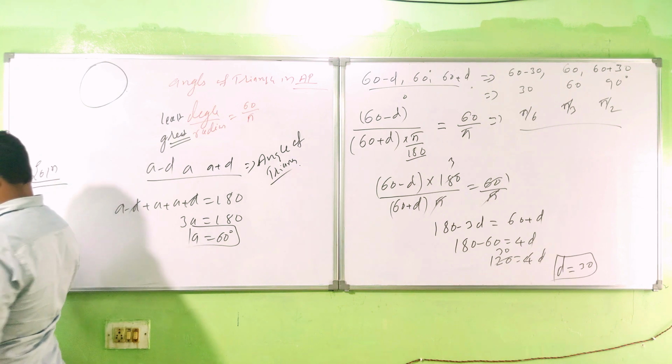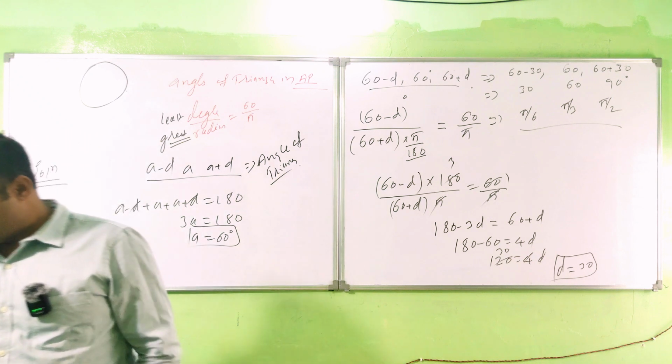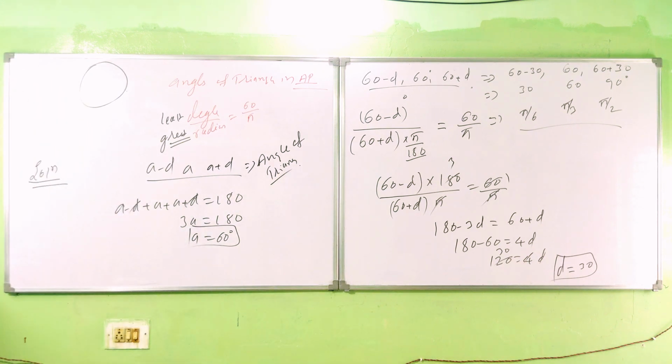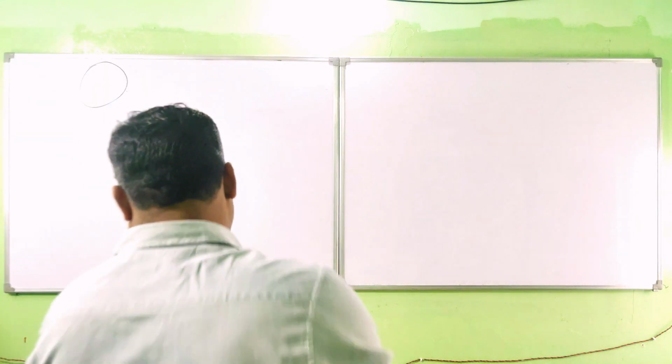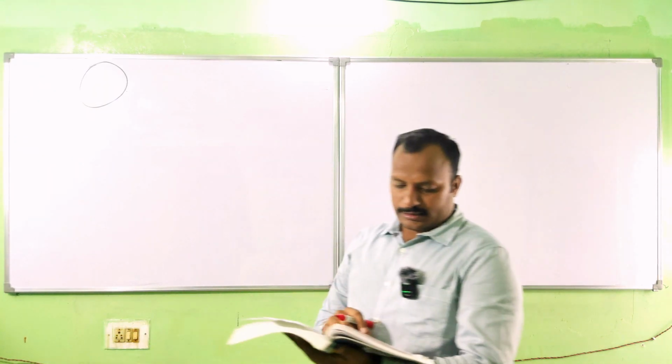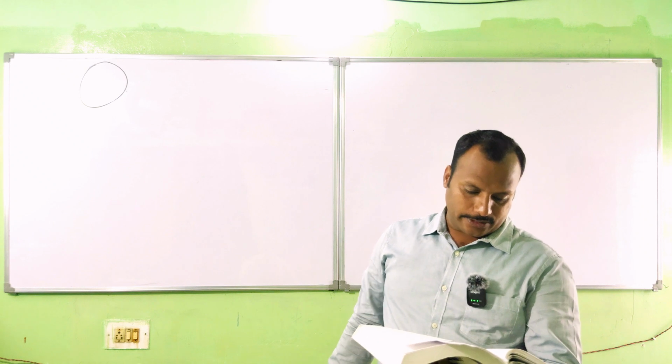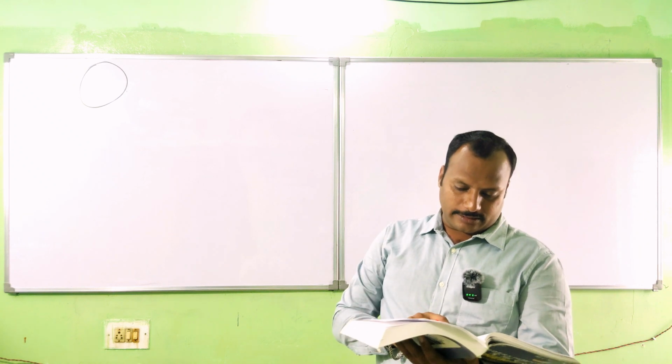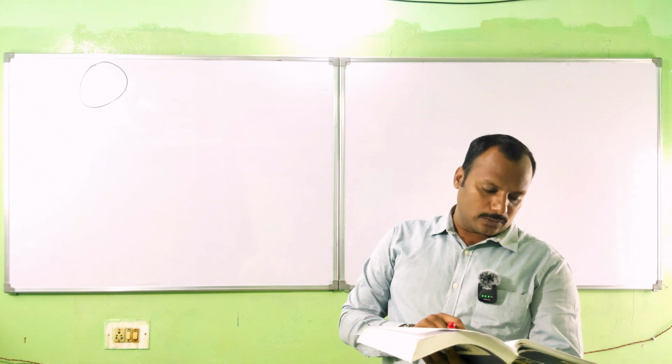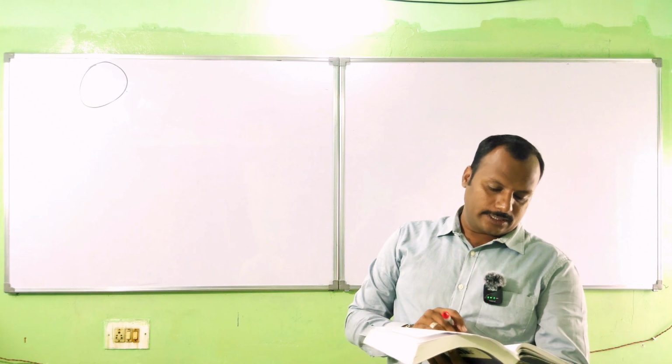Next question is: taking the moon's distance from the earth as 360,000 kilometers and the angle subtended by the moon at any point O on the earth is half a degree, estimate the diameter of the moon.